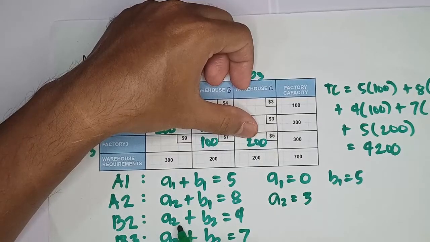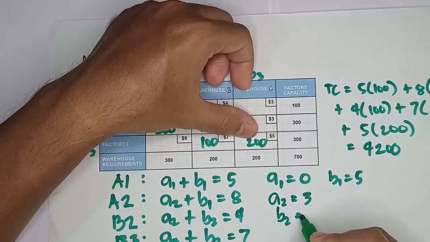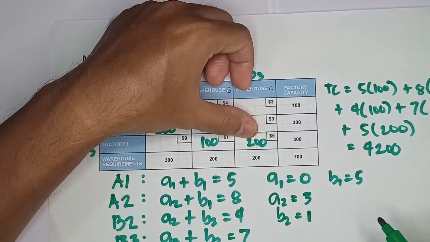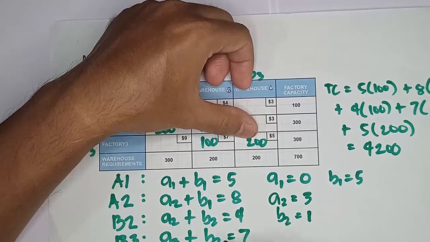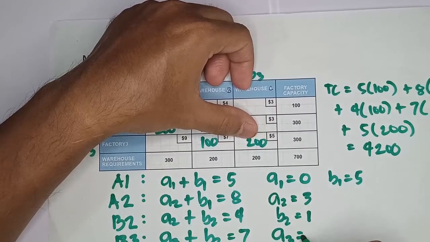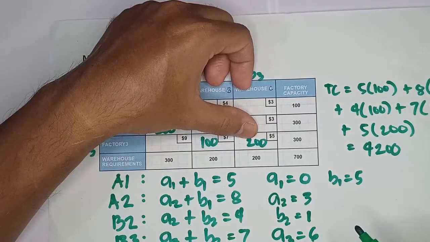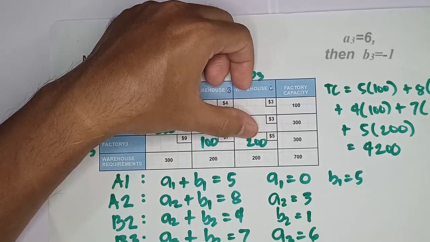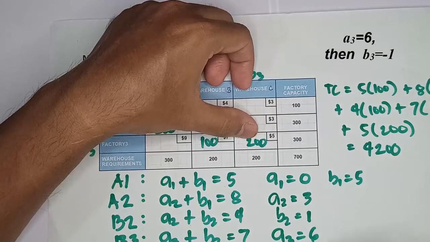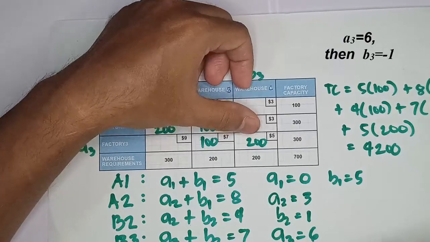And on B2, if A2 is equal to 3, B2 is equal to 1. On B3, if B2 is equal to 1, then A3 is equal to 6. And if A3 is equal to 6, then B3 is equal to -1.